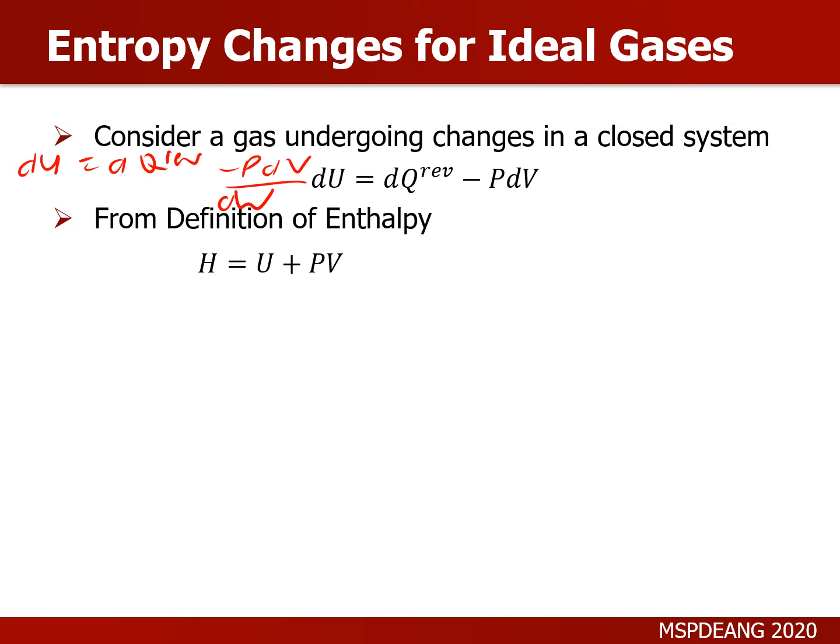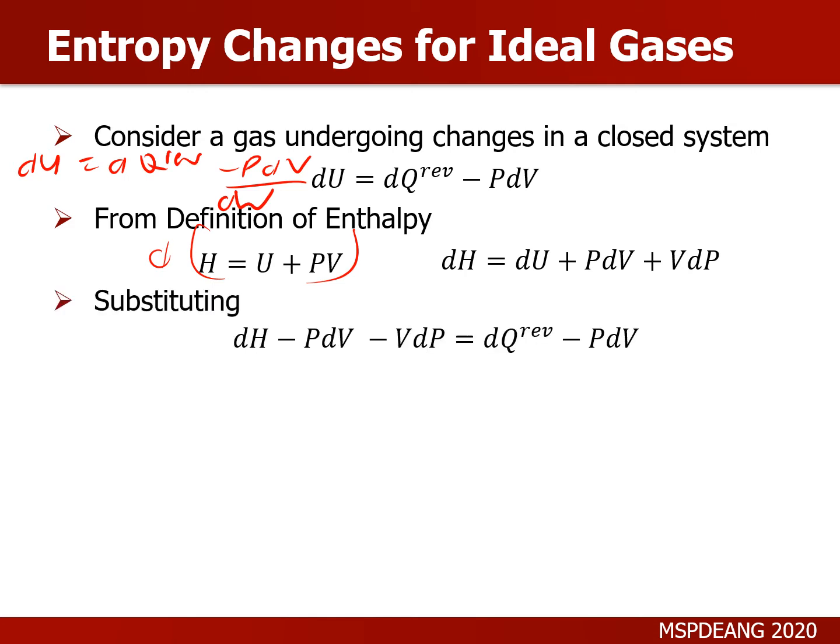Taking the derivative of both sides, you will get dH is equal to dU plus, chain rule ng d(PV), PdV plus VdP. And then substituting this, you will get dH minus PdV minus VdP is equal to dQ rev minus PdV.